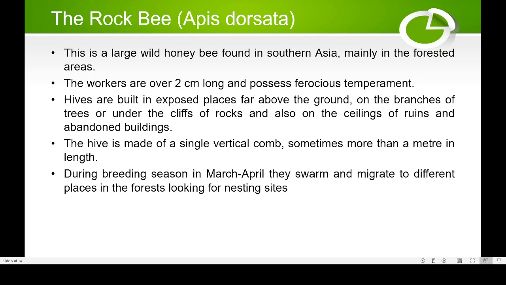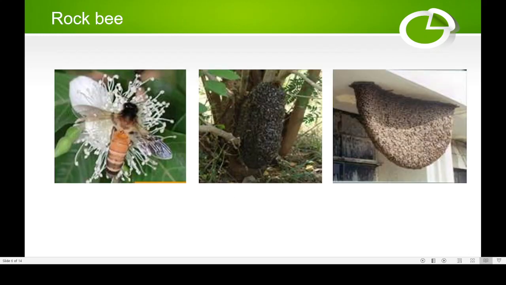Then the hive is made up of a single vertical comb. That is another feature. The length or size of the hive may be up to 1 meter, sometimes more than 1 meter. So it builds a very large hive. That is one important peculiarity of the rock bee.